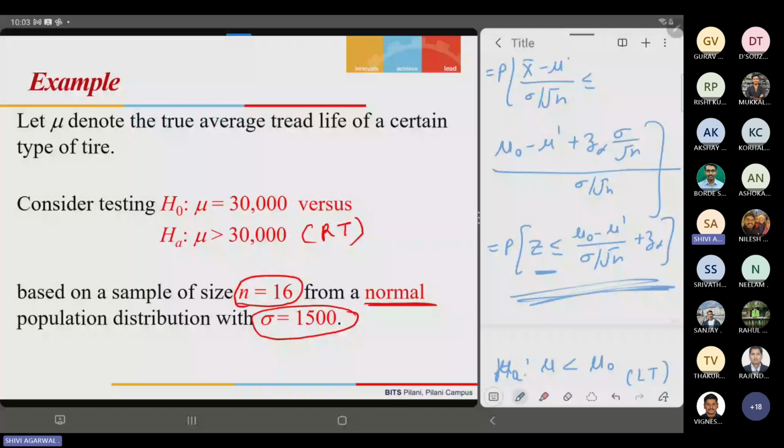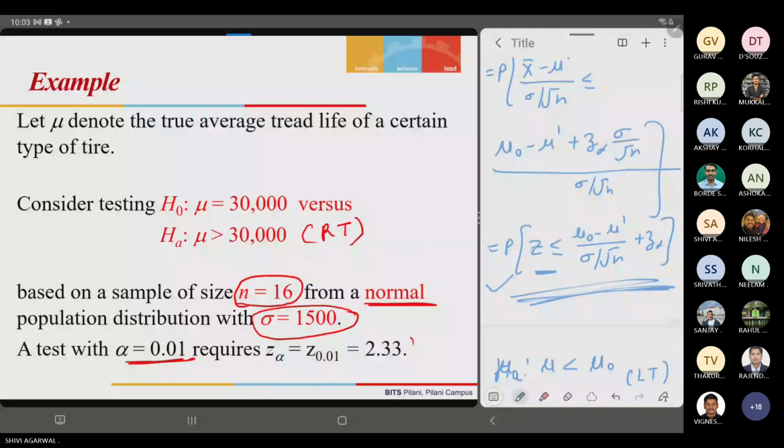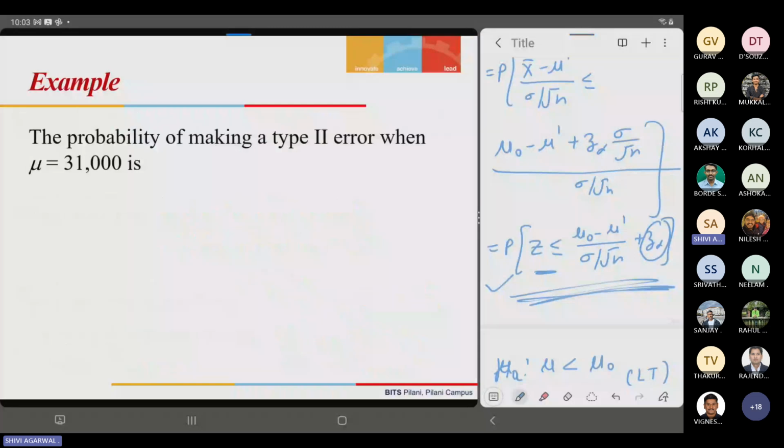So we are using this formula here. In this formula, alpha is 0.01, so 2.33 is the Z alpha value. Z alpha we require, so that is 2.33. Substitute in this formula and you will get the answer. Mu dash is equal to 31,000.